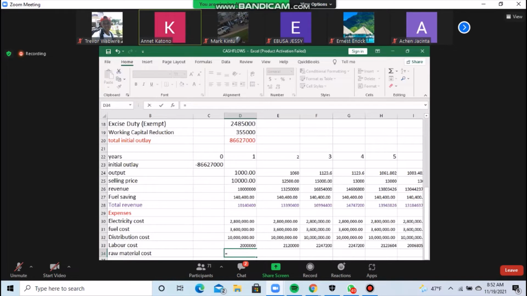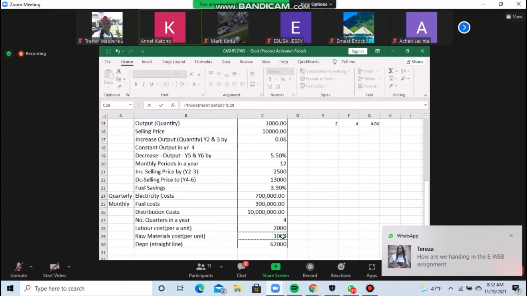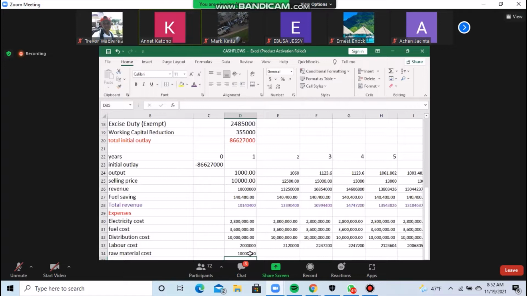Pick on my raw material costs per unit, and then multiply, fix it, sorry, and then go to your initial cash flow and multiply it by the selling price. Enter, and you get this. It is 1 million, 10 millions. And then autofill to get the rest of the values.